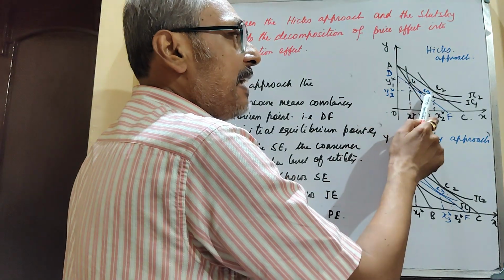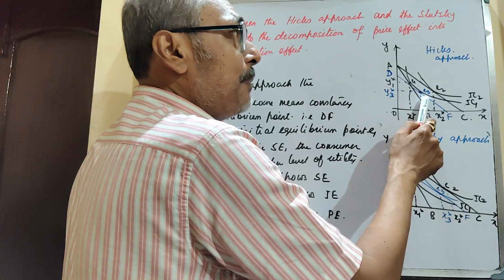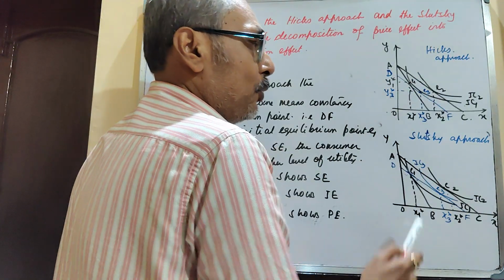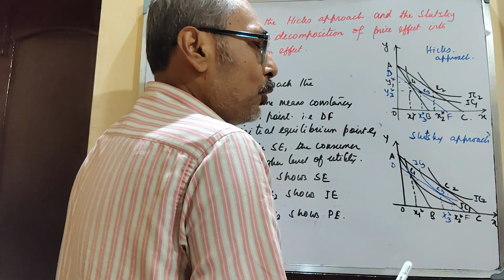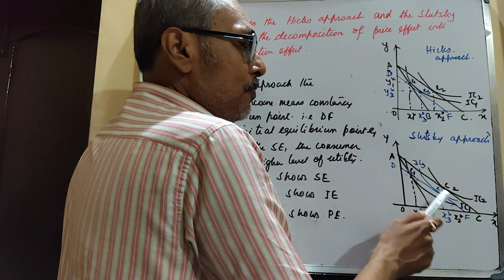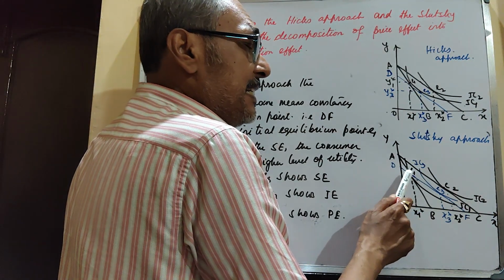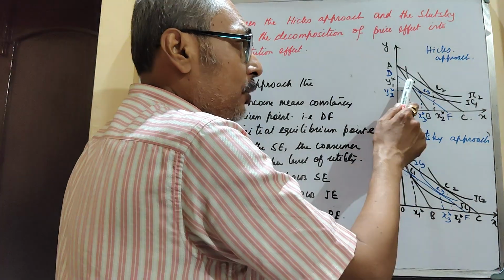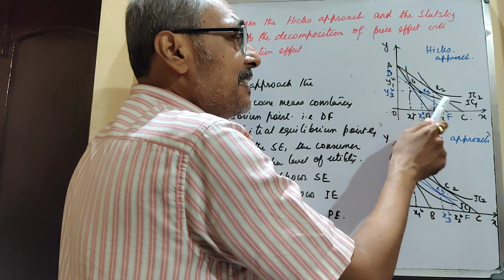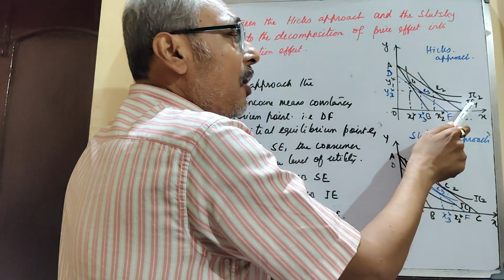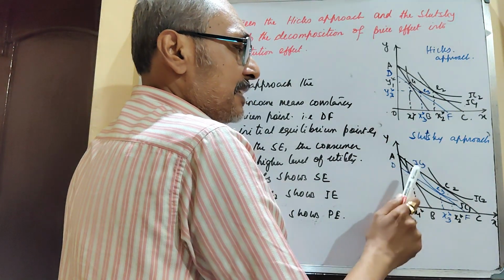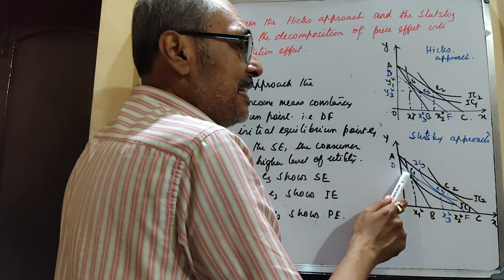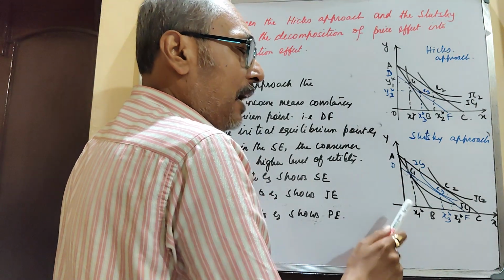The utility level remains constant under Hicks approach. Under Slutsky approach, the consumer is able to attain the initial equilibrium point. Here the consumer attains the initial equilibrium point E1.